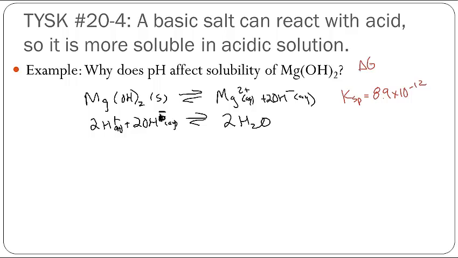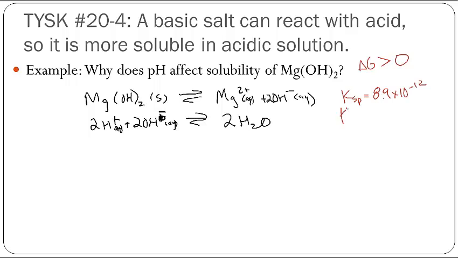Is this reaction thermodynamically favorable? Ooh, we need to know this. You know, you have a cumulative coming up in not too long. Delta G is positive, so it is not favorable. Anytime you have a negative exponent on your K value, it's not favorable.